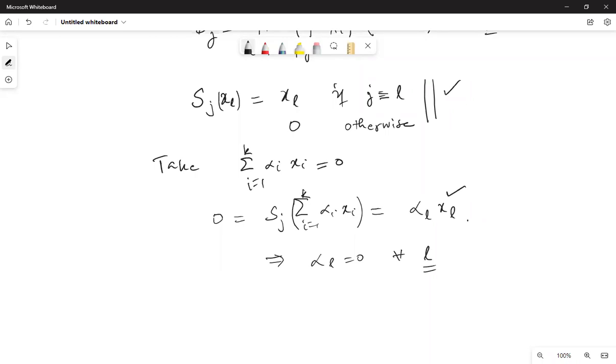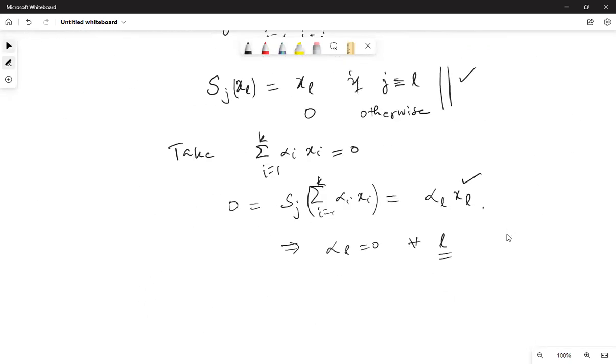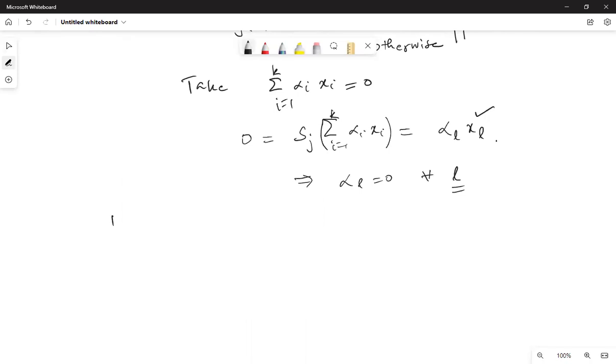And that means this set x1, x2, ..., xk is a linearly independent set.